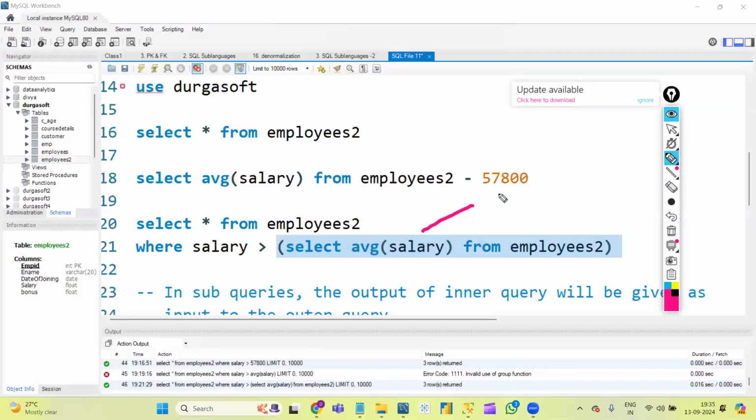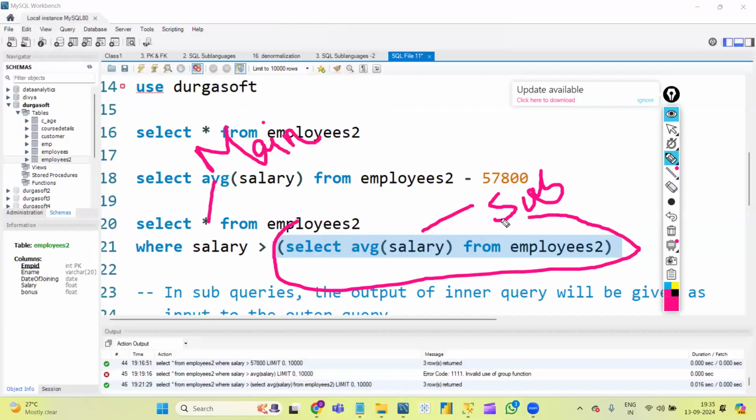So basically this is called the subquery, and this is called the main query, right? The output of this one will be considered the subquery output only. Going forward, whenever I discuss single row subquery, multi-row subquery, correlated subquery, even non-correlated subquery, if I say the output of the subquery, just remember I'm talking about the output of the inner query only, not the outer query.